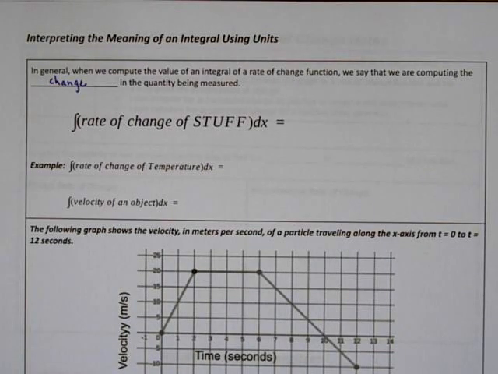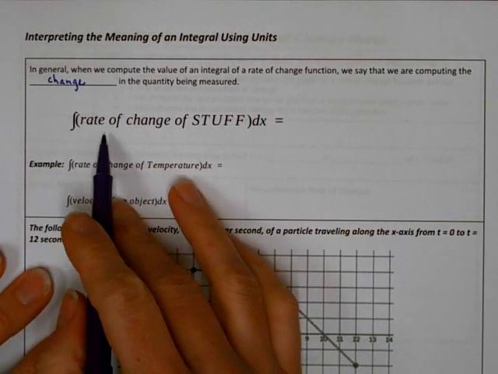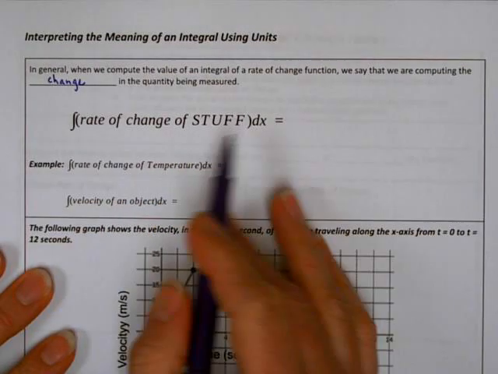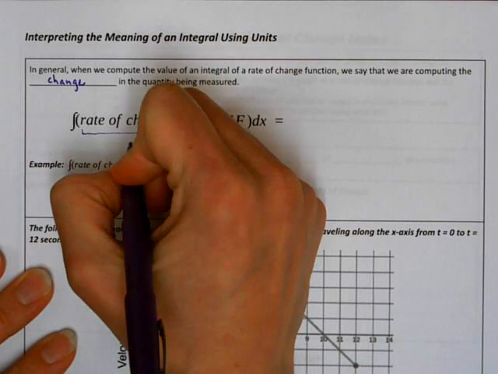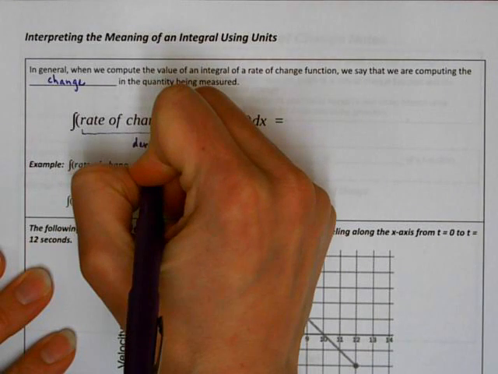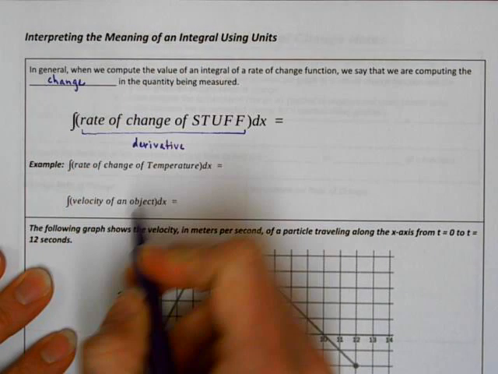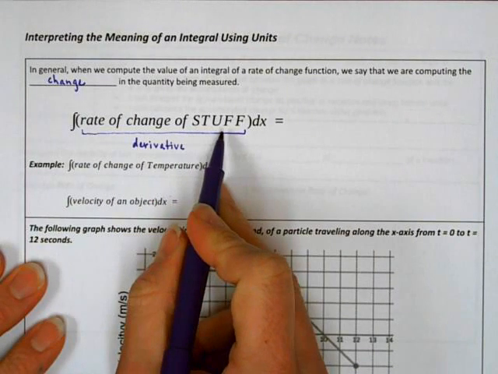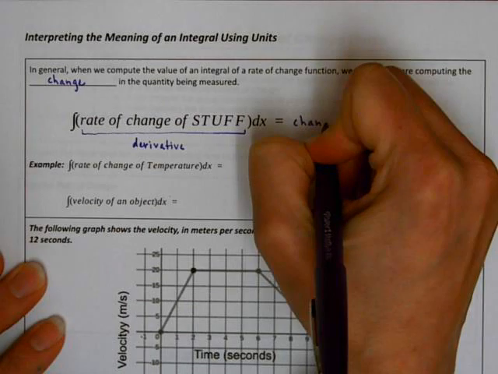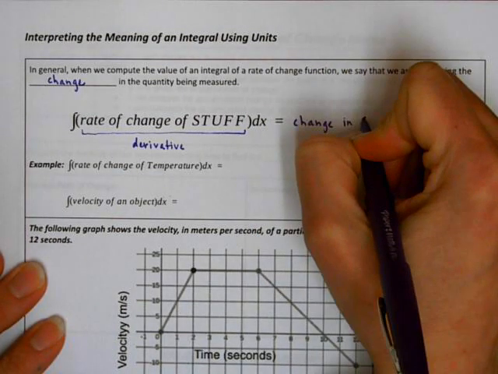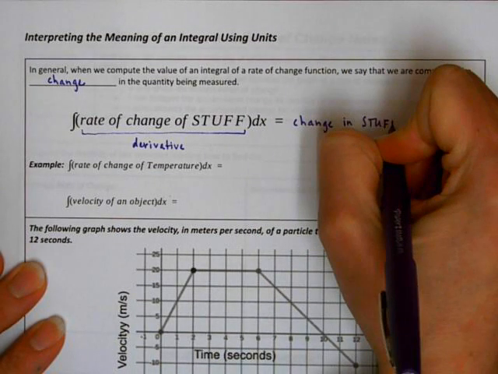So in general, we say if we're integrating the rate of change, right, that's going to be some kind of derivative that we're integrating. If we're integrating the rate of change of some stuff, the answer is going to represent just the change in that same stuff.